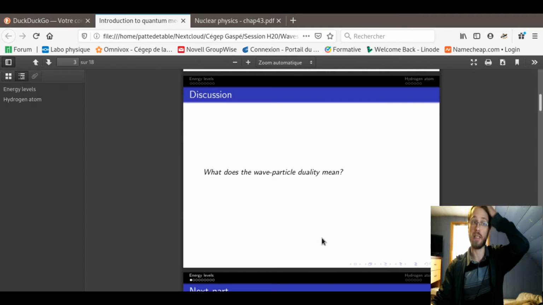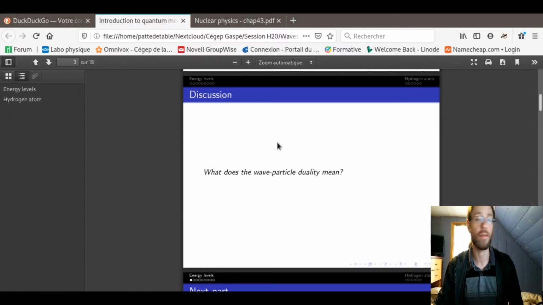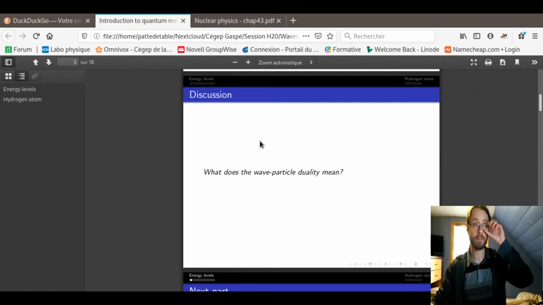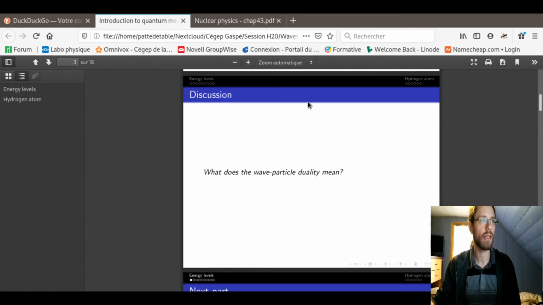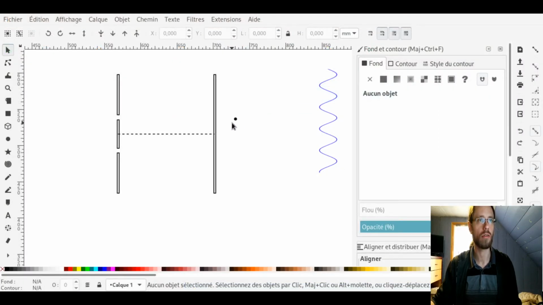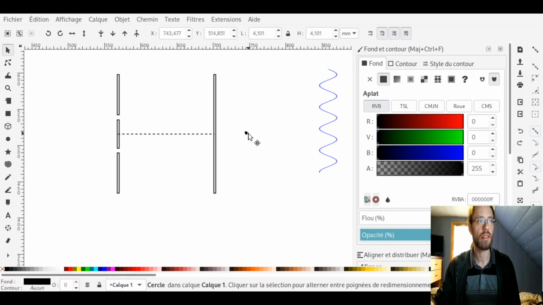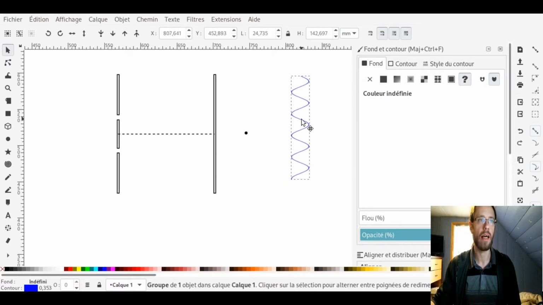On the short demonstration I had done, the thought experiment with the interference of an electron going through two slits. So we had two slits, a screen, a dot which represents an electron, and I had a wave-like pattern which I represented to show where more electrons were detected.